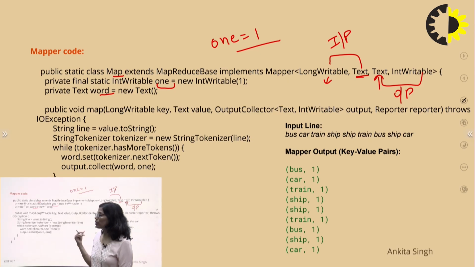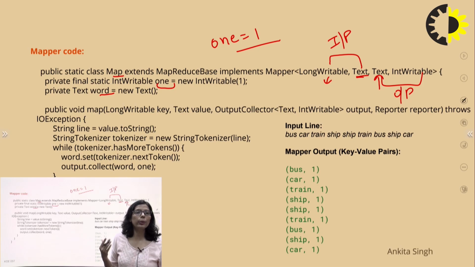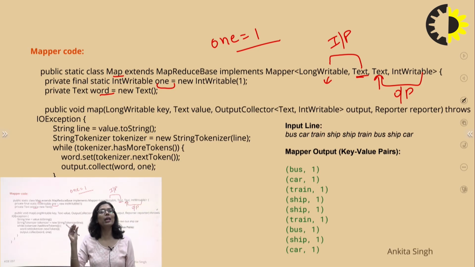Now we have a map function. What our map function will do is assign a frequency of 1 to each of the words that it encounters. For that, first the line will be converted to a string, and then we will have a StringTokenizer which will tokenize the string, that is, extract words from the string.